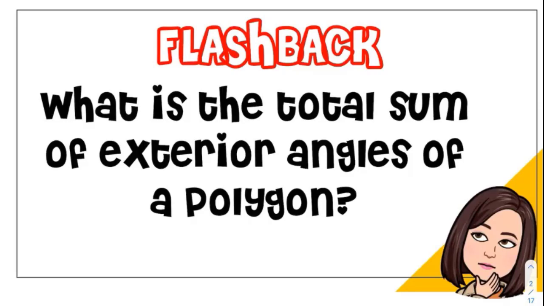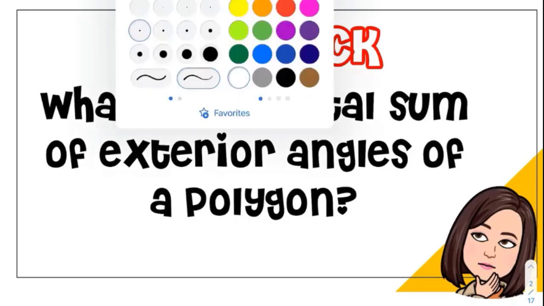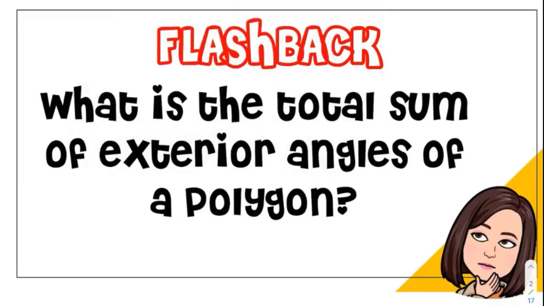So remember, for those that were absent for the previous lesson, the total sum of exterior angles of a polygon is equivalent to 360, for all types of polygon. Even pentagon, octagon, decagon, all the polygons.